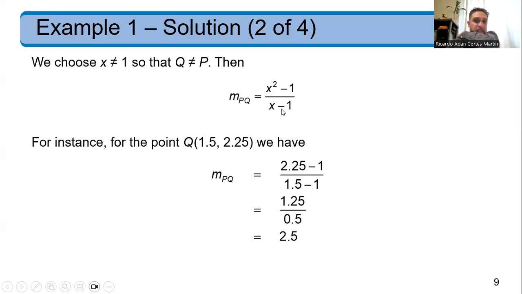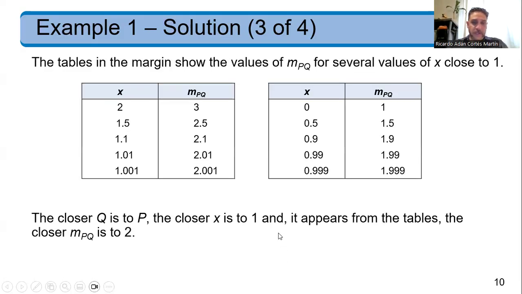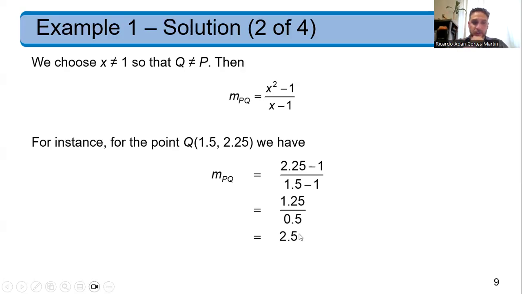And here we have x minus 1. This is going to be the slope for any point that we wish to use. Let's use x equal to 1.5. That yields 1.5 squared, which is 2.25. Now we calculate the slope. Make sure that you get this calculation and you get a slope of 2.5. That means that it is an approximation of the slope of the tangent.